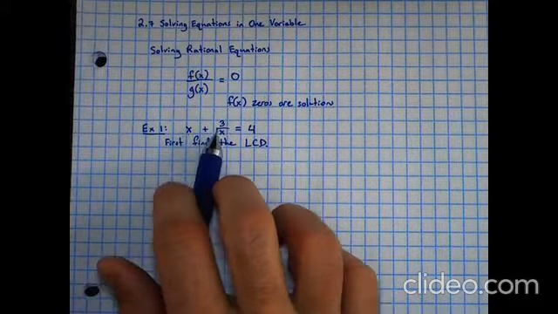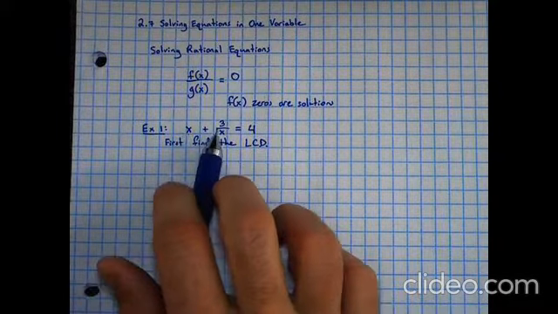So what we want to do is make all of our denominators to be x. So I'm going to take x, and multiply it by x on the top and the bottom. 3 over x already has the x, I'm not going to do anything to that. And then 4, I'm going to multiply by x, top and bottom.